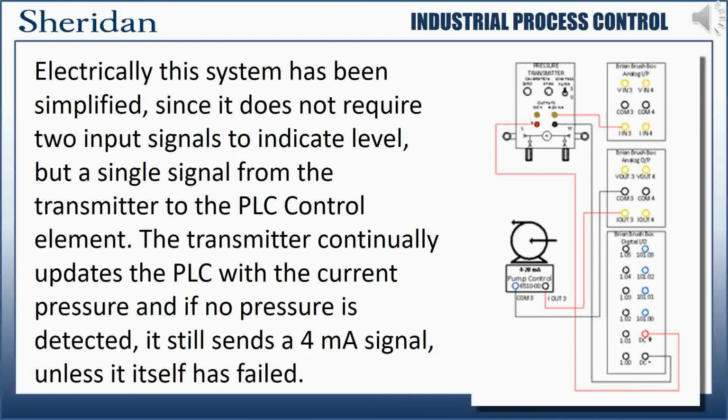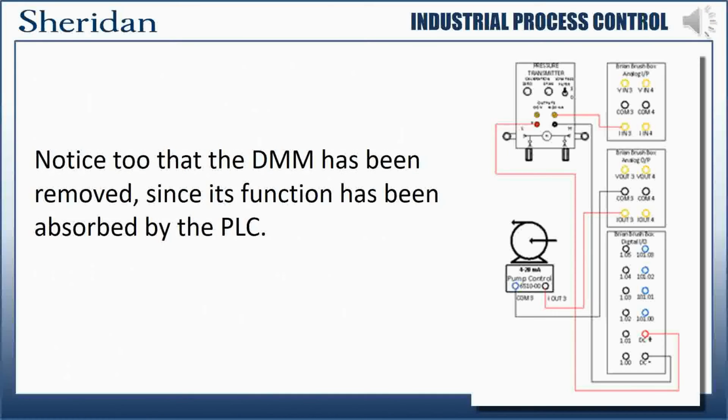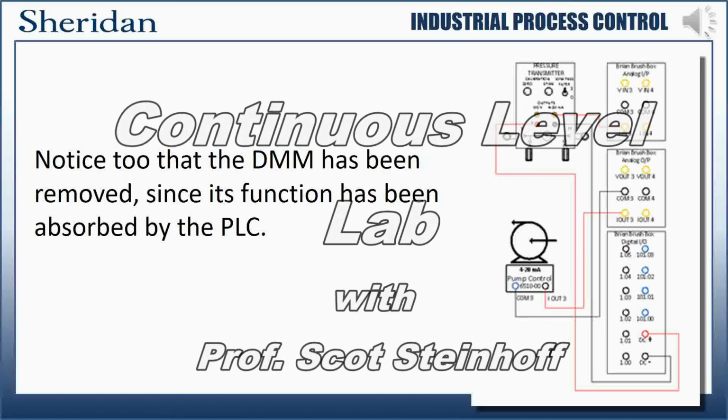Electrically, this system has been simplified since it does not require two input signals to indicate level, but rather a single signal from the transmitter to the PLC control element. The transmitter continually updates the PLC with the current pressure, and if no pressure is detected, it still sends a 4 milliamp signal, unless it has failed. Notice too that the digital multimeter has been removed, since its function has been absorbed by the PLC. It is no longer needed.